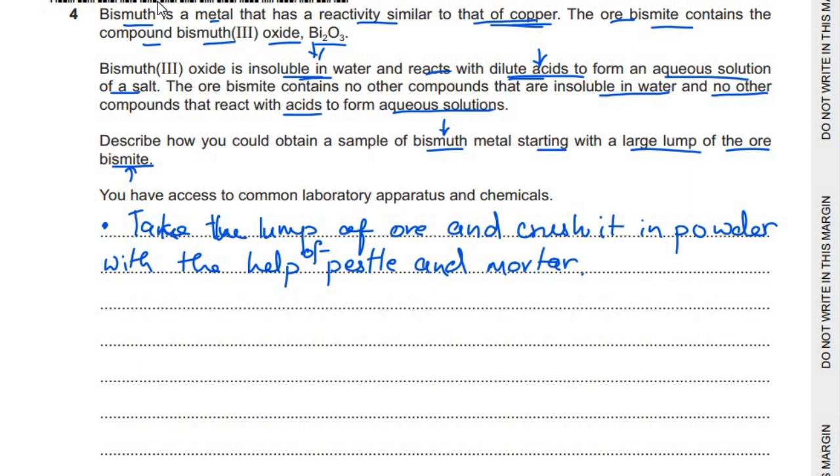After obtaining the powdered form of the ore, we add any reactive metal or carbon, and it will replace bismuth from the bismuth oxide.